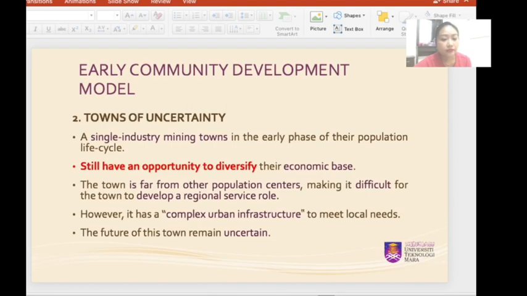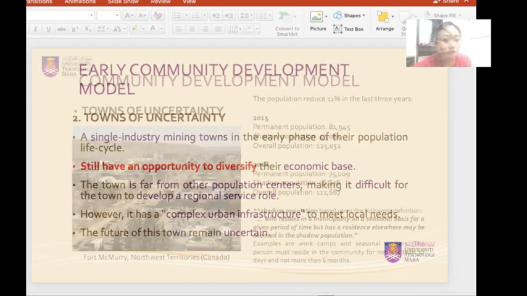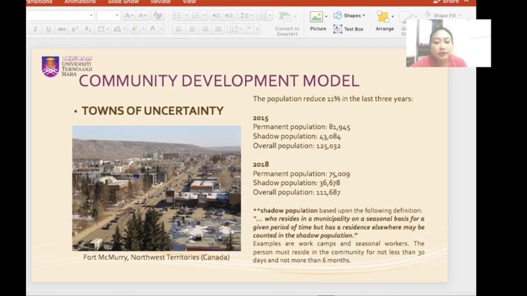Next one, we see the example first. So this is the example of towns of uncertainty just now. Fort McMurray, Alberta, Canada. The population reduced 11% in the last 3 years.